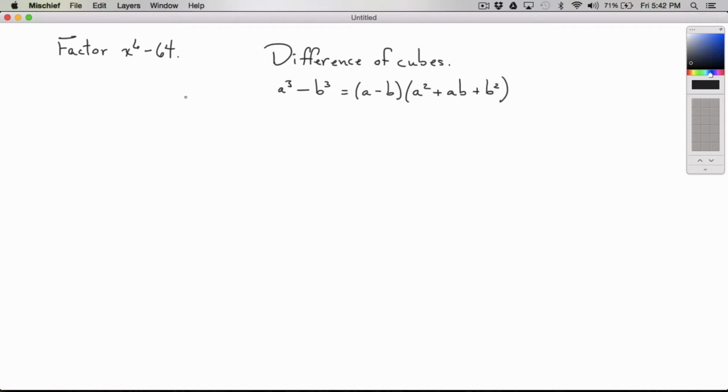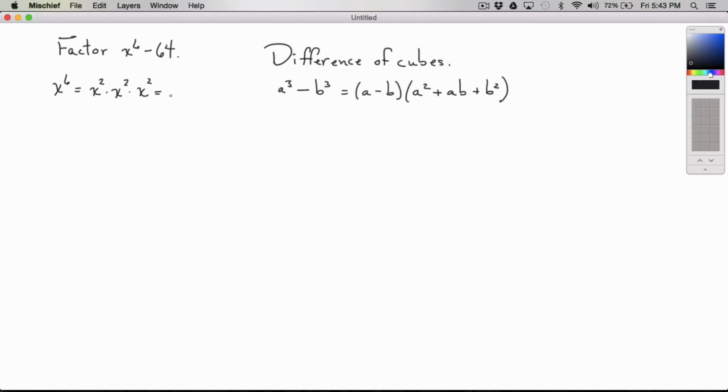Now, in order to factor x to the 6th minus 64, we have to find out how x to the 6th could be written as a perfect cube and if 64 can as well. Notice that x to the 6th can be written as x squared times x squared times x squared.